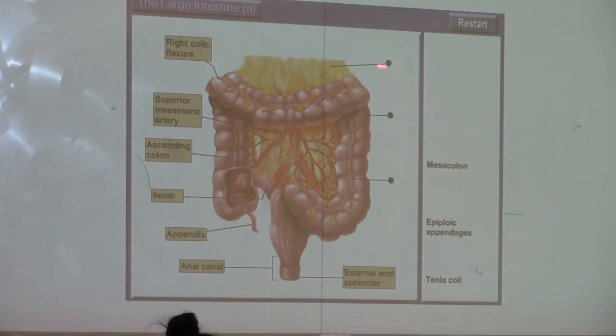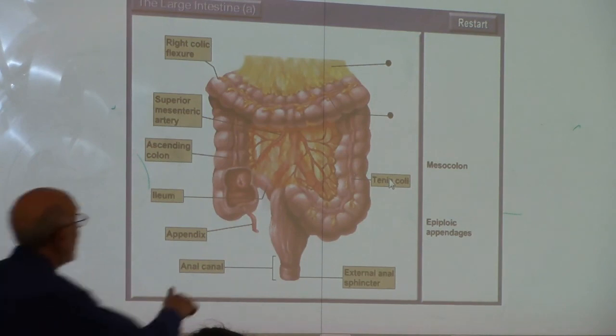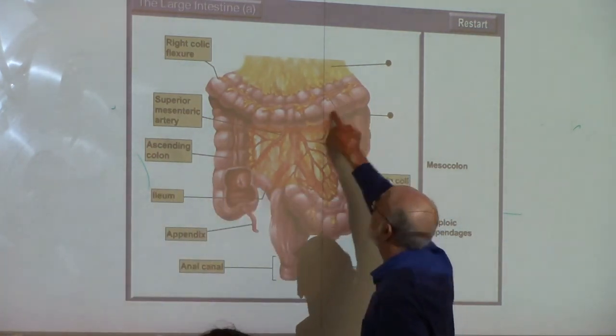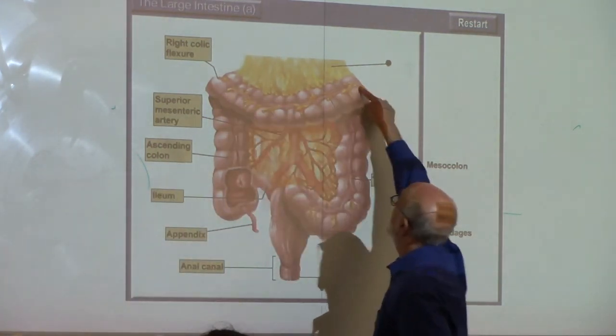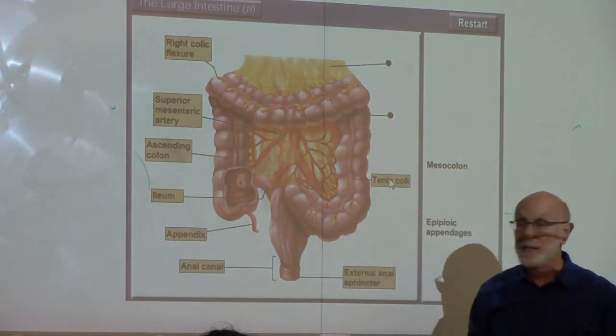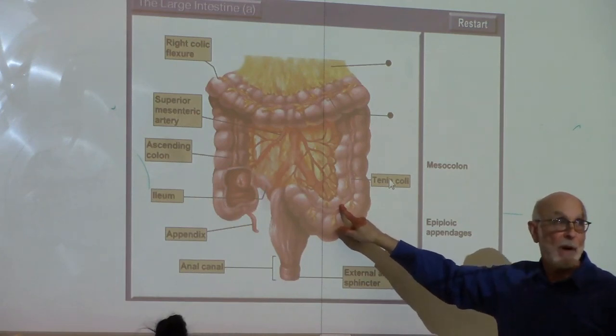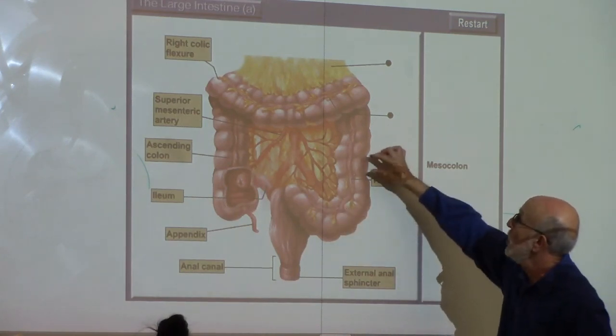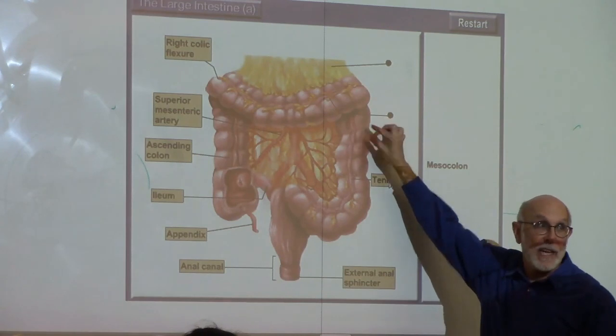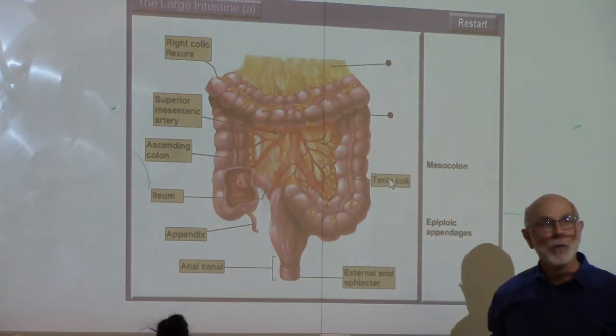Okay, so the taenia coli is the name of this ribbon of connective tissue that surrounds the large intestine on both sides. Some of you actually labeled that one as well. And these bulges in the large intestine are called haustra.